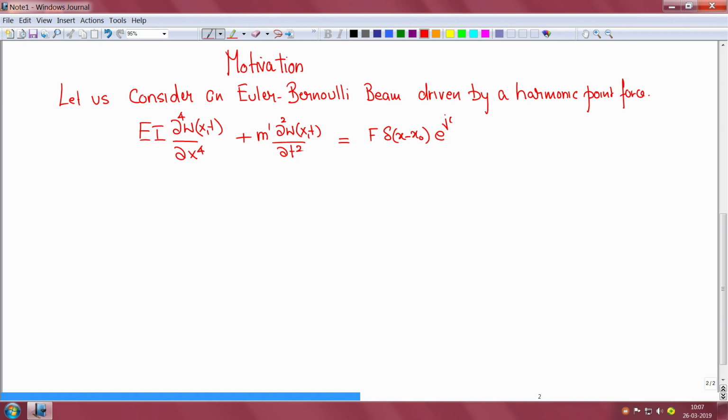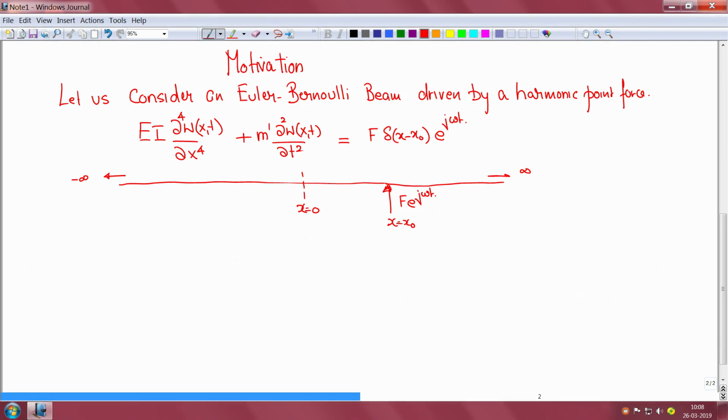It is harmonic, so we have the time dependence, and this is an infinite beam. So, if you want a picture, this is an infinite beam, and let this be the origin. So, this goes off to infinity this way, it goes off to infinity this way, and at some x equal to x 0 there is a point force F e to the j omega t. So, that is the pictorial depiction.